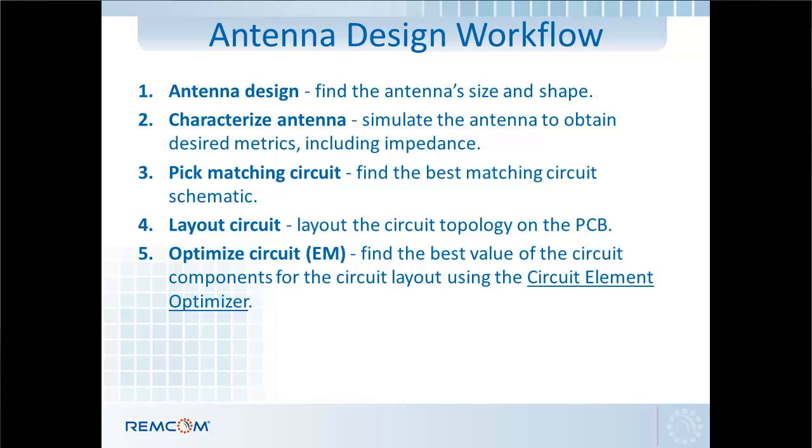So if you're in a lab, you'll be soldering components in and out, taking measurements, and trying to find the component value that fits best. And this is the step in the workflow where circuit element optimization plugs in. So it's this final step where everything is laid out, and you're trying to determine what those final circuit component values should be. So that's where it fits in the workflow.